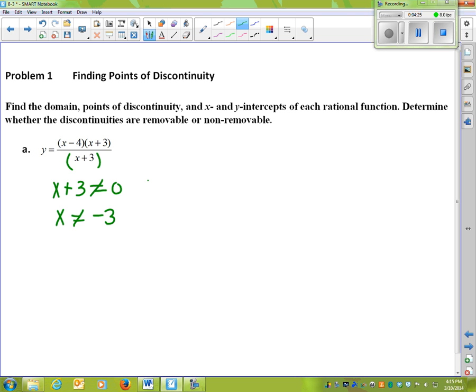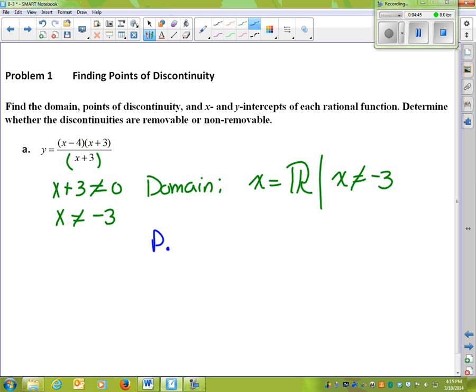My domain is x is equal to all real numbers such that x cannot be equal to negative 3. My point of discontinuity, which I'm going to abbreviate as POD, is at negative 3.